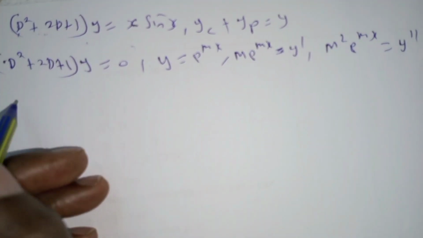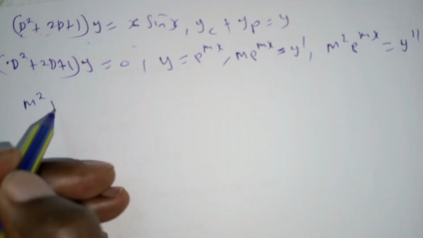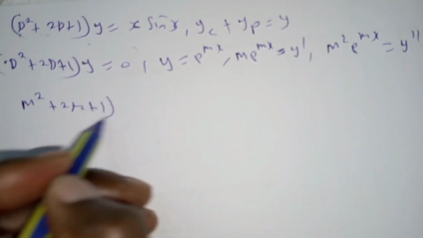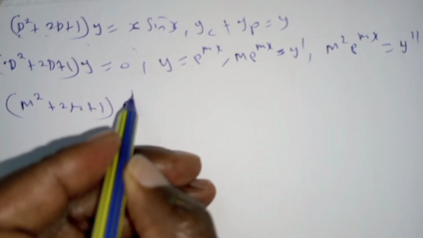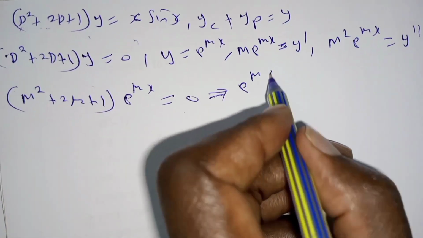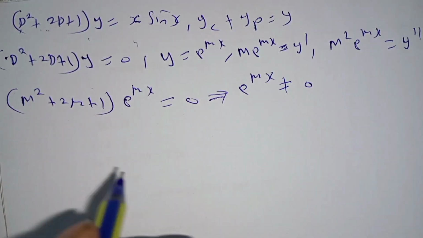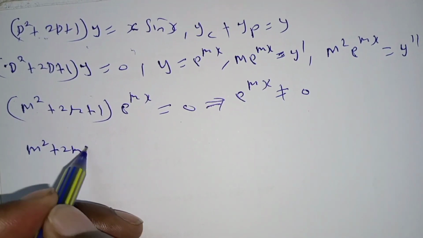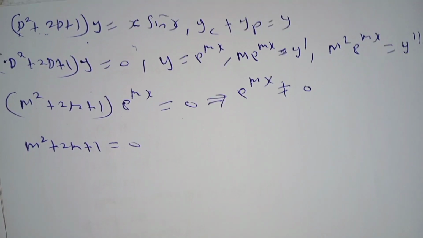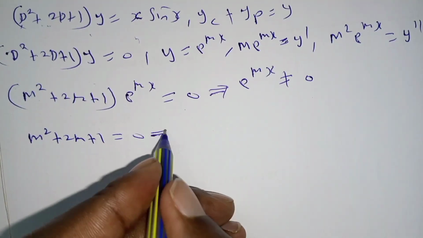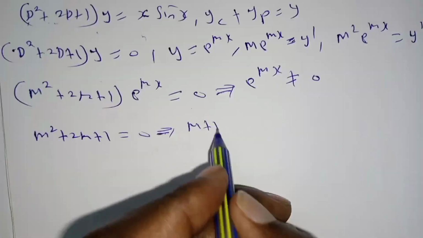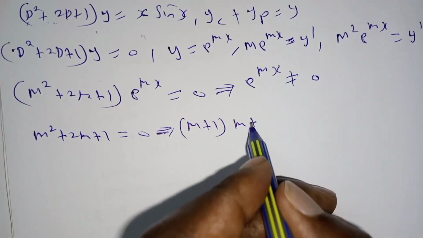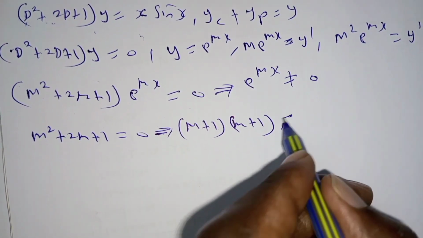We substitute the values here: (m squared + 2m + 1) e^(mx) is equal to 0, and we apply the fact that e^(mx) can never be equal to 0, meaning that this quadratic equation m squared + 2m + 1 is the one which is equal to 0, which can be factorized as (m + 1) squared equal to 0.